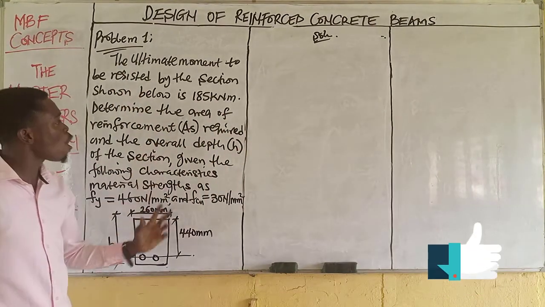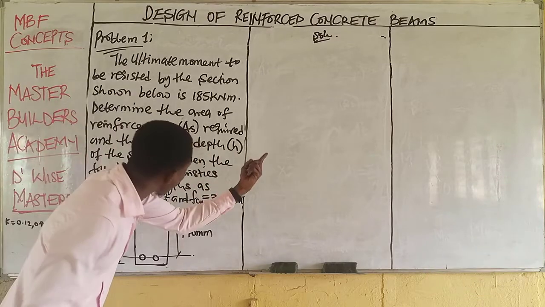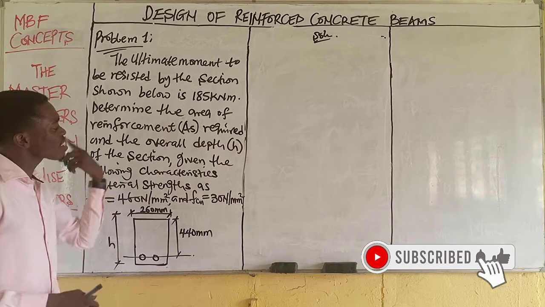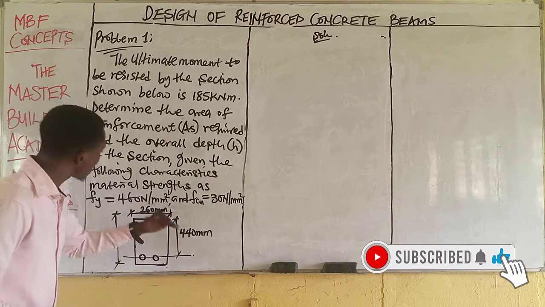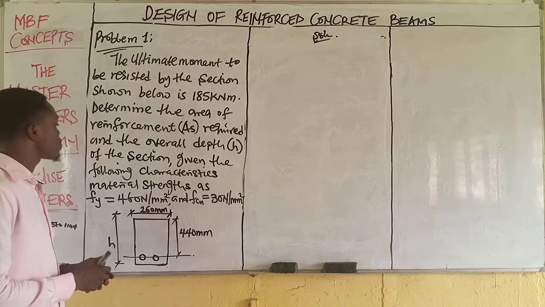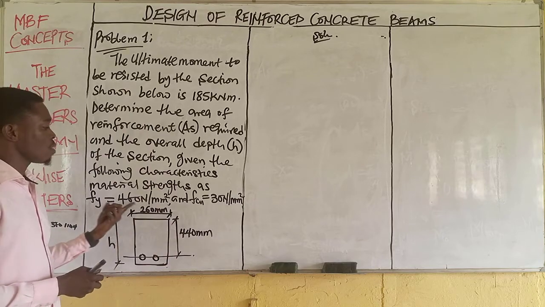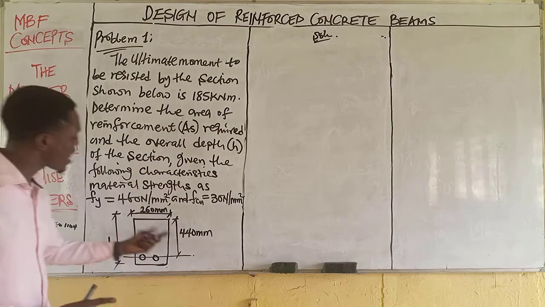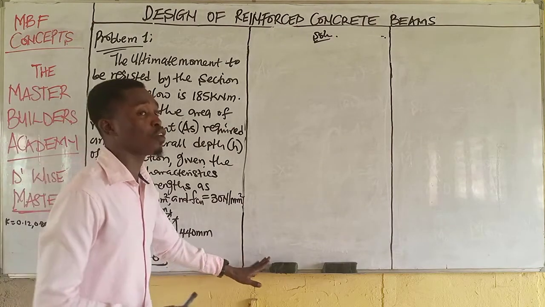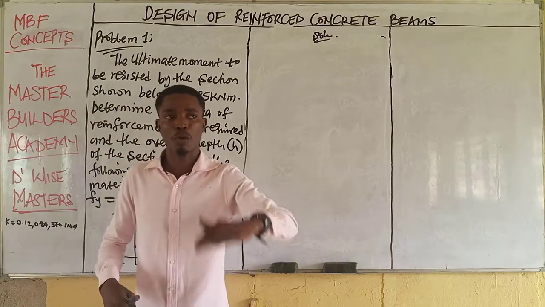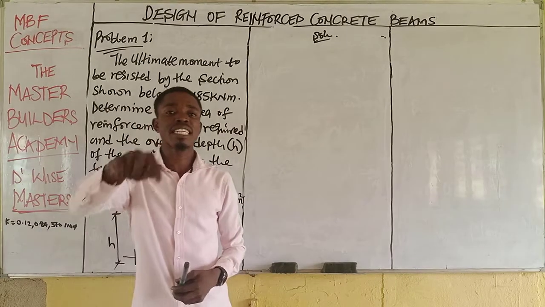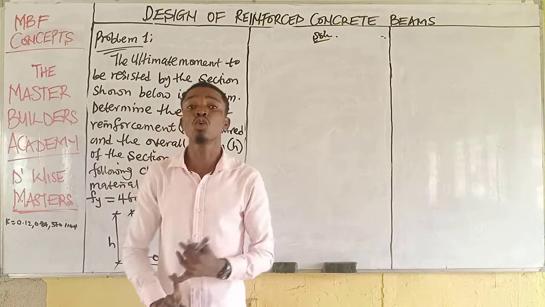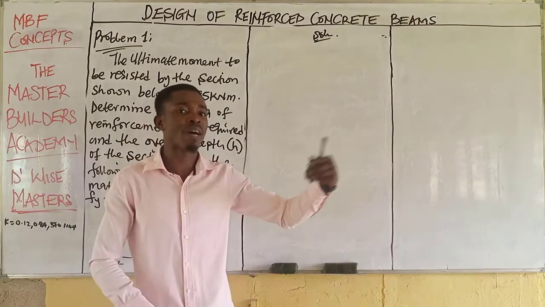Determine the area of reinforcement As required and the overall depth H of this section, given the following characteristics, material strength as what we have on the board. Now, for us to be able to design any structural element very well, and for you to be able to solve any word problem question very well, the first thing that you must do is to list out the parameters, which include the given and the unknown parameters.